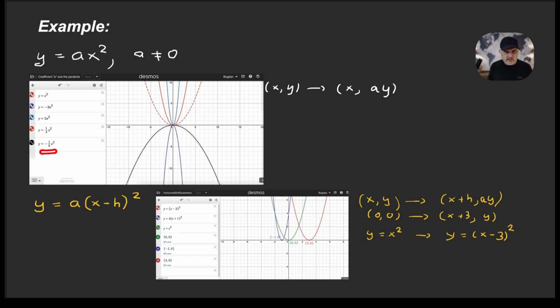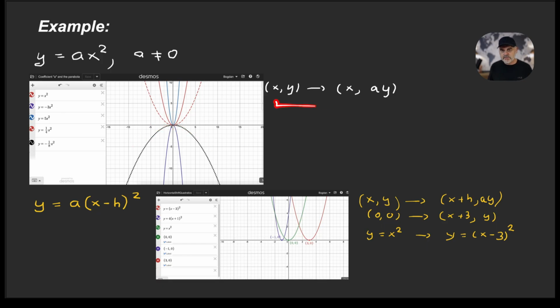And when you have a fraction, then you have the opposite effect. You impede the growth. So you multiply the output by a fraction, so you decrease by that factor. So that is called a vertical compression. You're showing the wider graph, and because of the negative, that is why the direction is downwards.